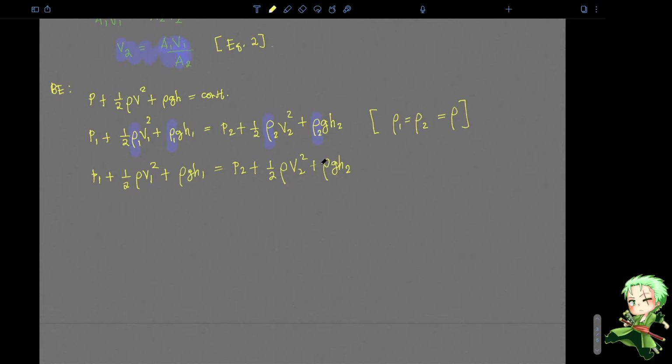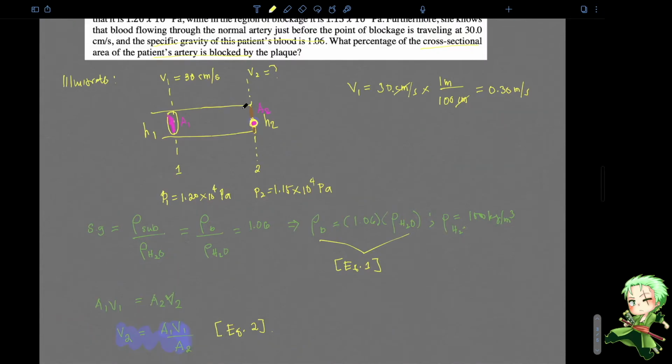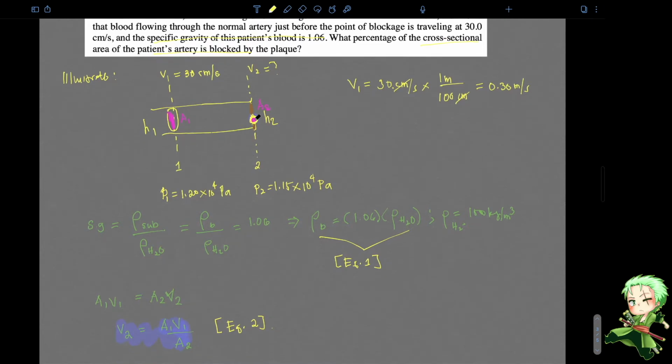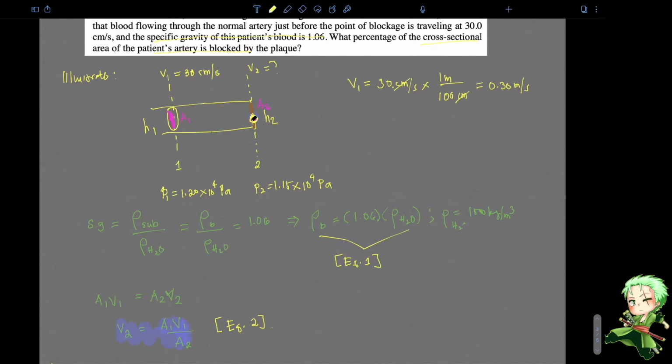Now, take note that our problem asks us to find the percentage of the cross-sectional area of the patient's artery that is blocked by the plaque. But before we can solve for that, what we can do instead is to find A2, the cross-sectional area of the part of your blood flow. That is what we will solve first.